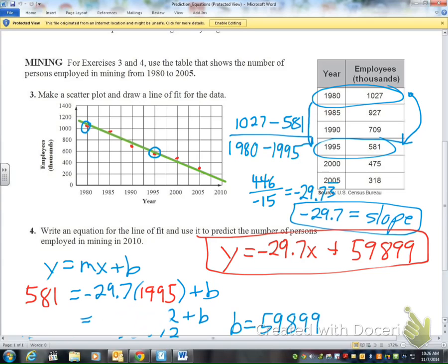So in place of this, 1995 times negative 29.7 gives me negative 59,251.5 and equals 581. So then I would add 59,251.5 to both sides.